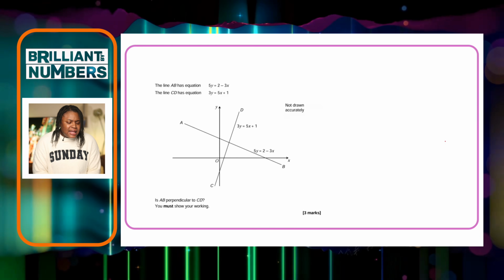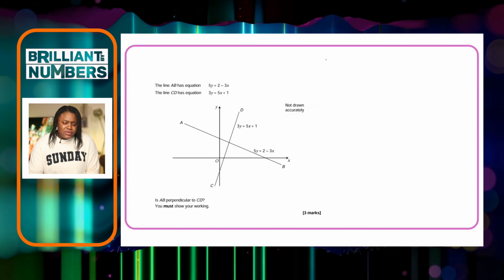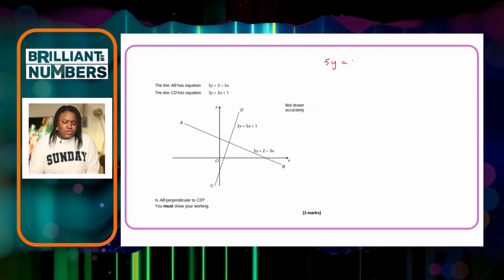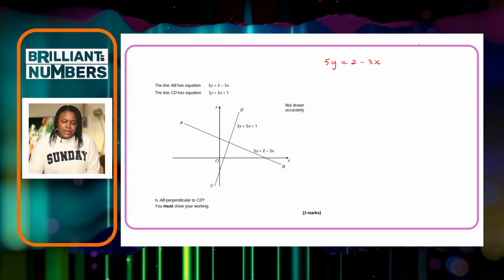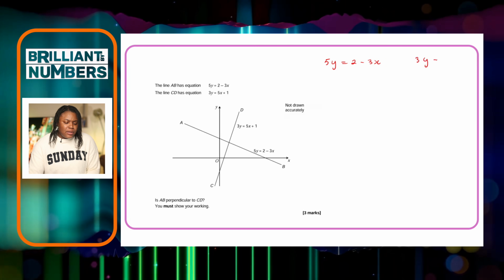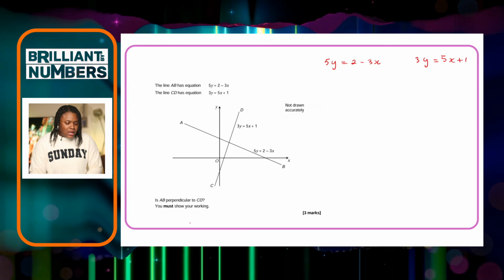Absolutely fantastic. So now we go to another question, for 3 marks. The line AB has equation 5y equals 2 minus 3x, and CD has equation 3y equals 5x plus 1.